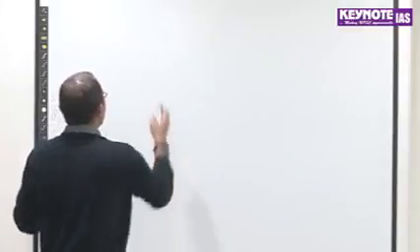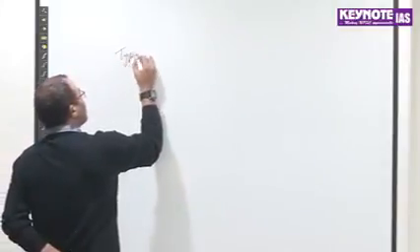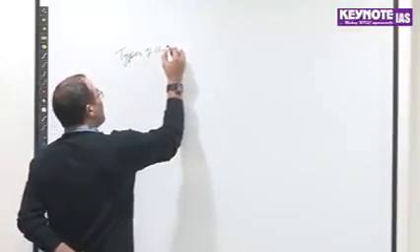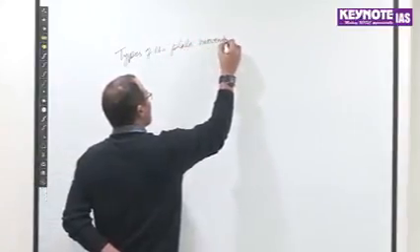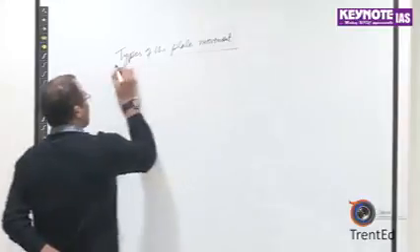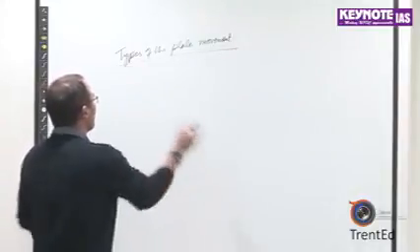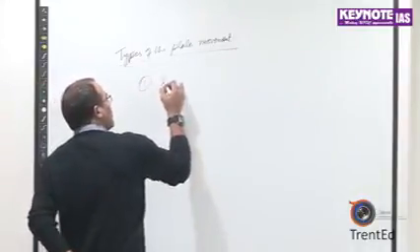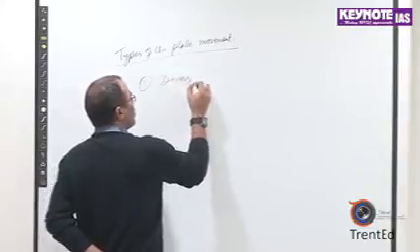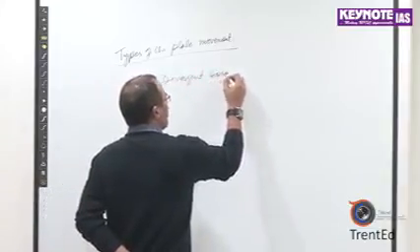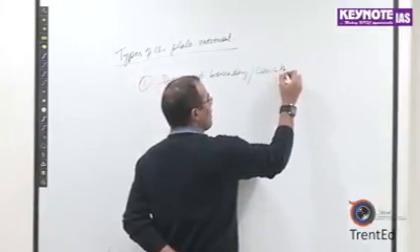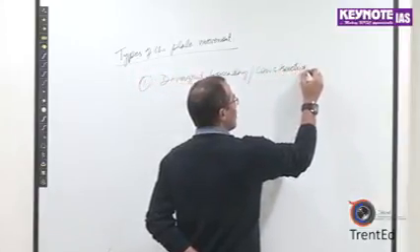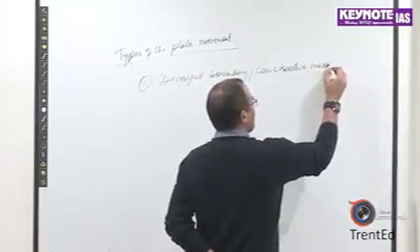Now the types of the movement. Types of the plate movement. The first is the divergent boundary, or the same is the constructive margin.